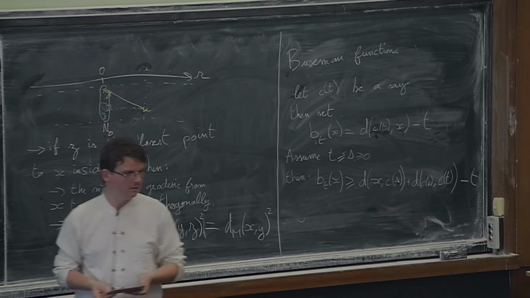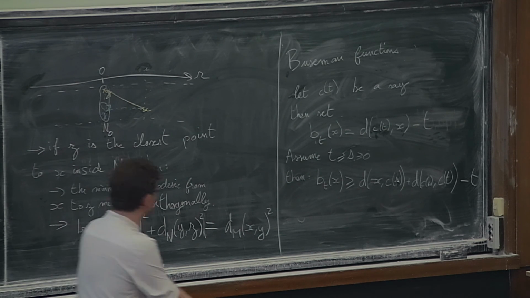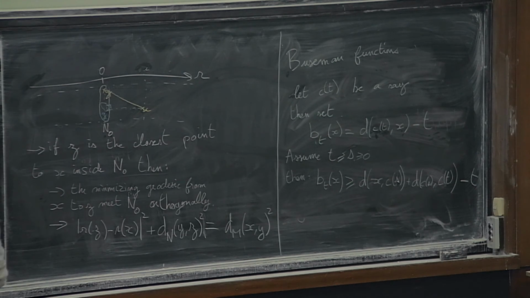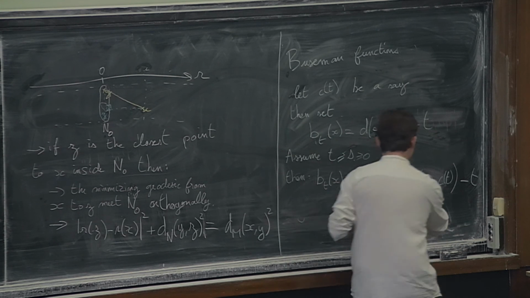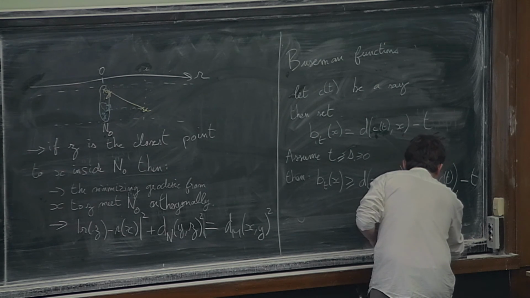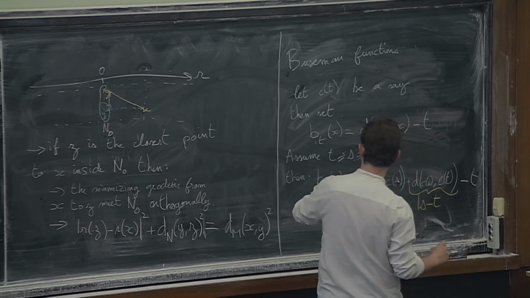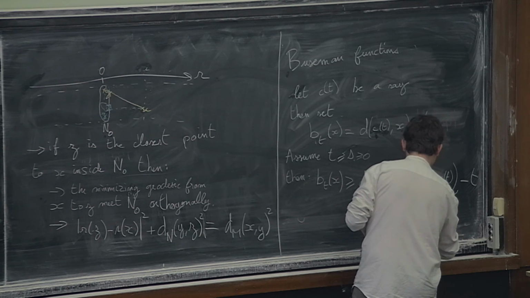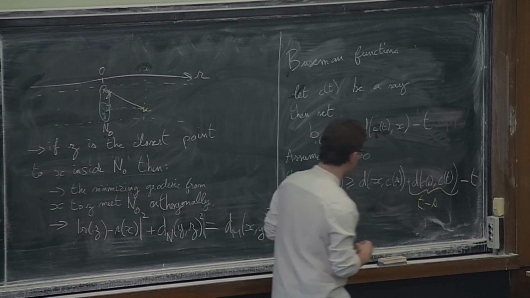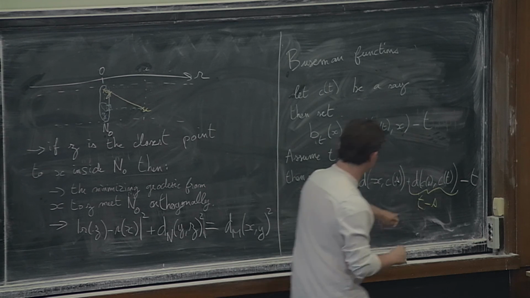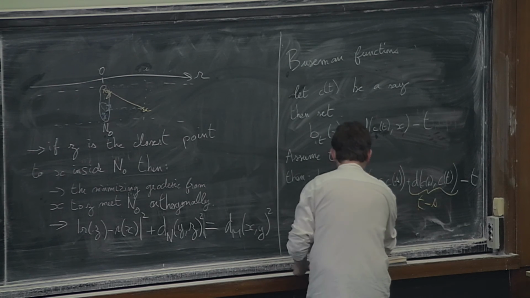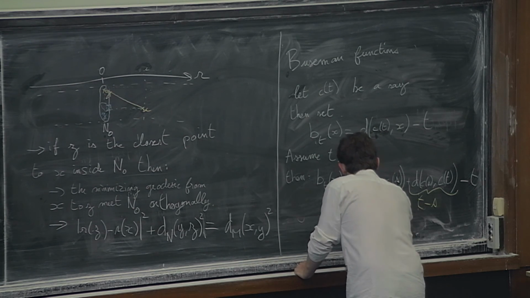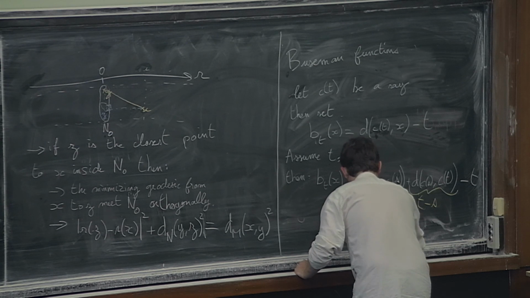But what is that? That's, by definition of a ray, t minus s, since t is bigger than s. So t minus t. So this is greater than b_s(x).